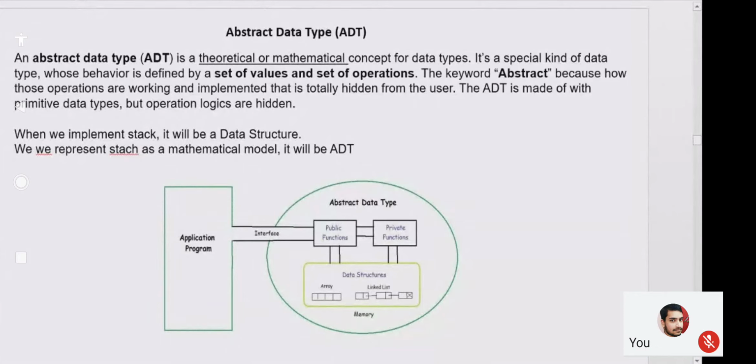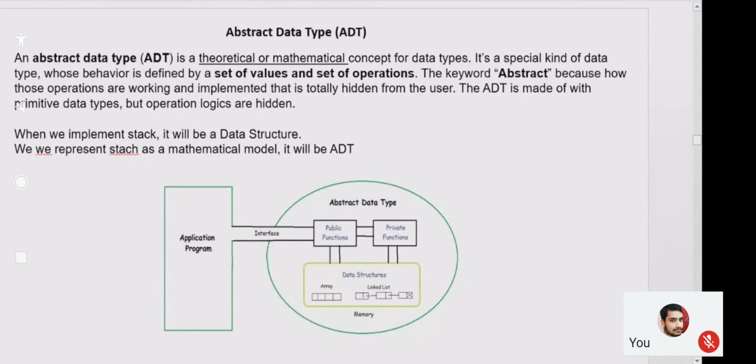For stack, the public functions are push, pop, display, peep, and so on. So what are the private functions? Private functions are the functions that are associated with a public function.